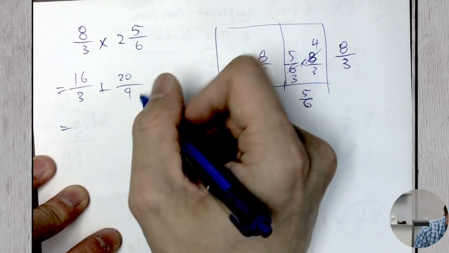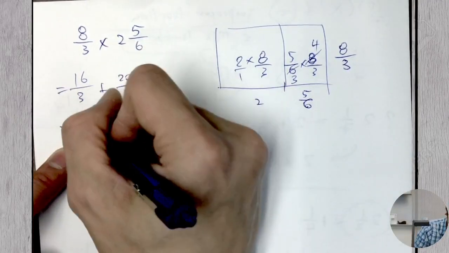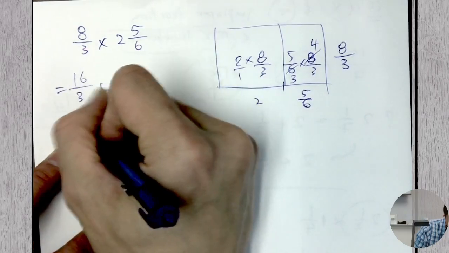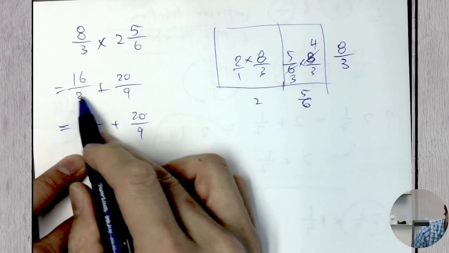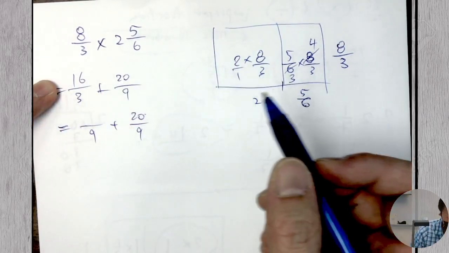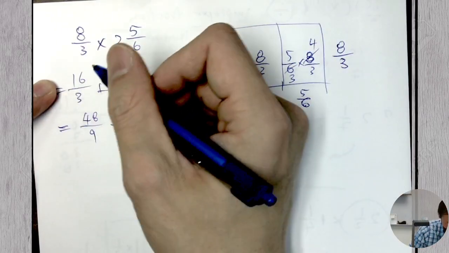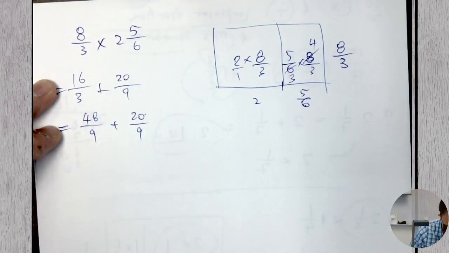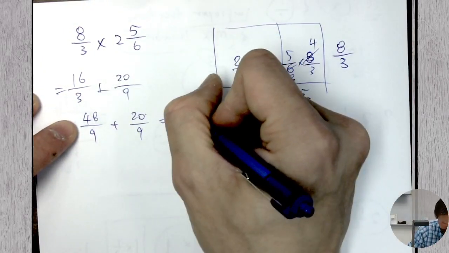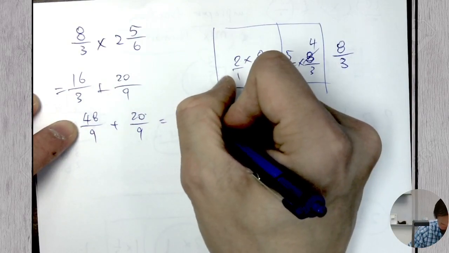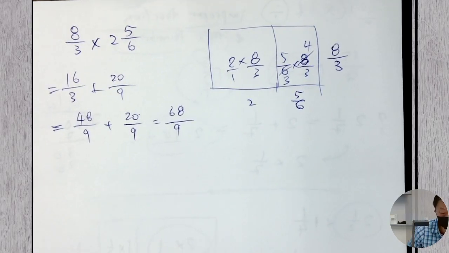All right. And if I'm going to add fractions, I need the denominators to be the same. Therefore, I'm going to change them to denominator 9. This is already 9. And in this case, I've got to say, what's 3 times 16? 48, right? Is that correct? Yeah? This would be 68/9.